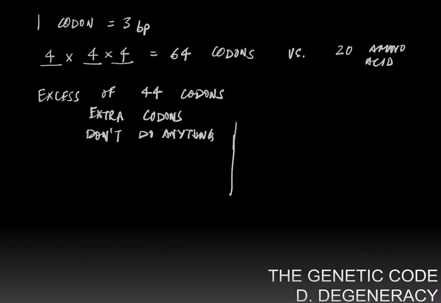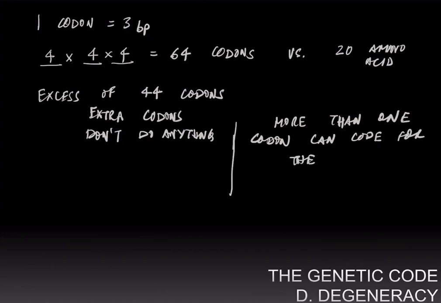And the other possibility is that more than one codon can code for the same amino acid. So which of these possibilities is the right one?